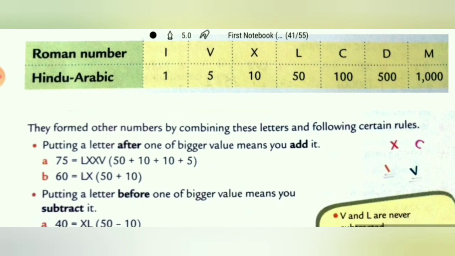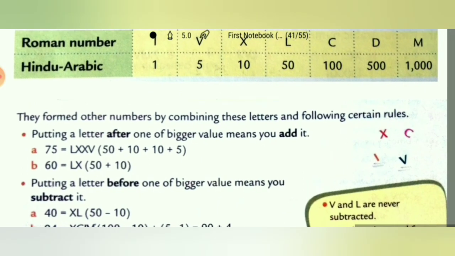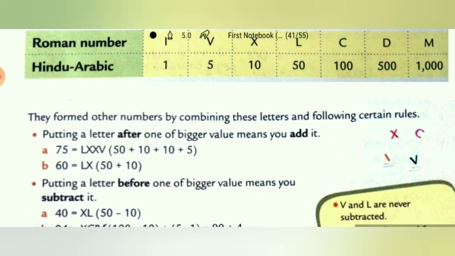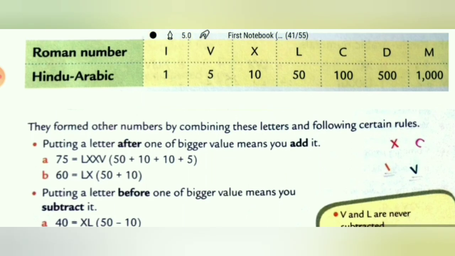There are some certain rules for this. See, first rule: putting a letter after one of bigger value means you add it. So here we start with 75. How will we write 75? 50 plus 10 plus 10 and 5. First we write 50, which is L. Then X for 10, again X for 10.